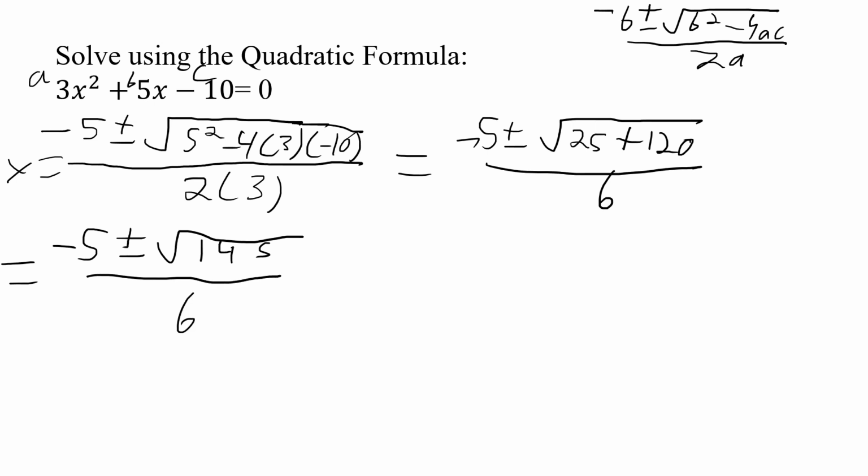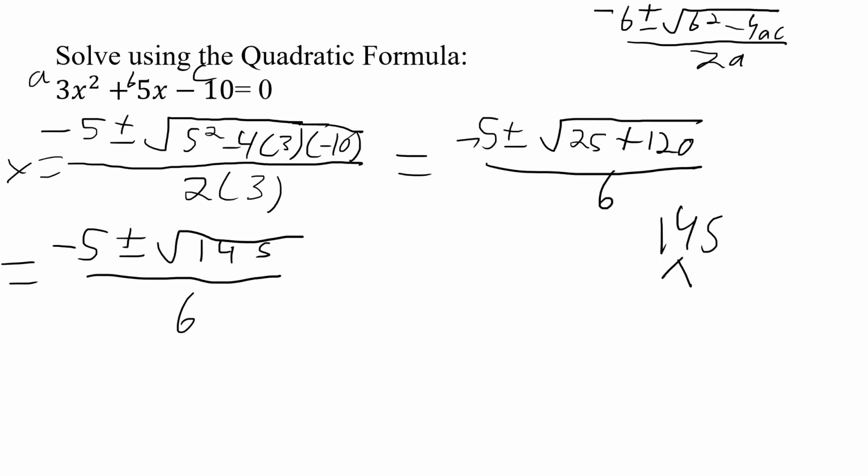So let's go ahead and plug the square root of 145 into our calculator. I plug the square root of 145 in my calculator, and it tells me that the square root of 145 is just the square root of 145. If you have an older calculator, it will tell you it's a massive decimal. One thing you can do to see if there's anything you can take out is try to factor 145 and see, is there a perfect square in there?